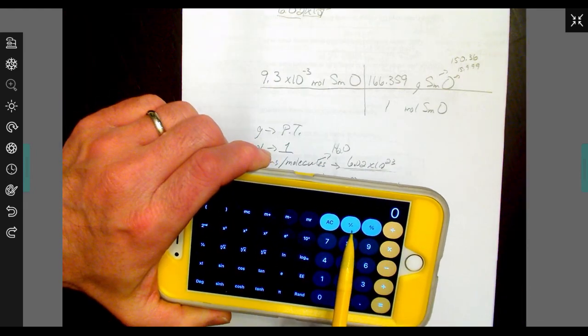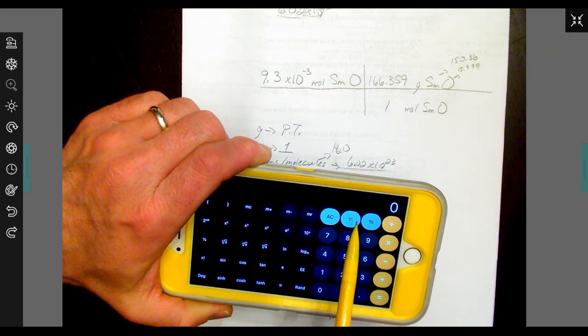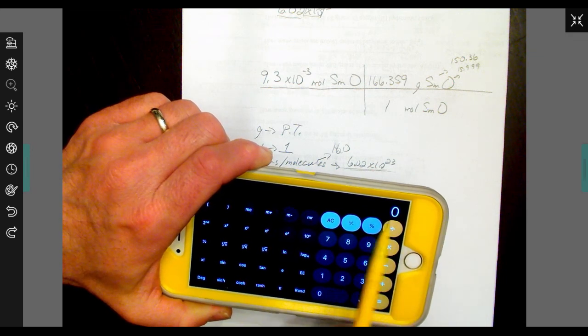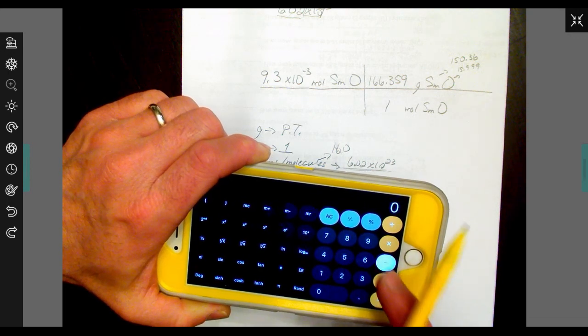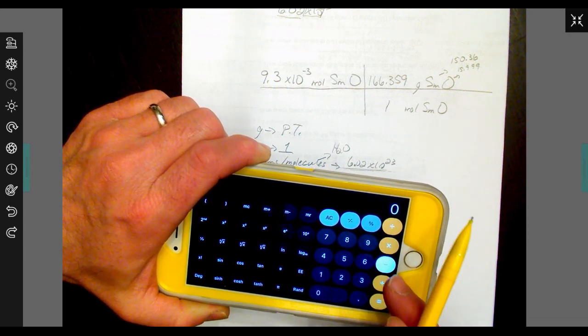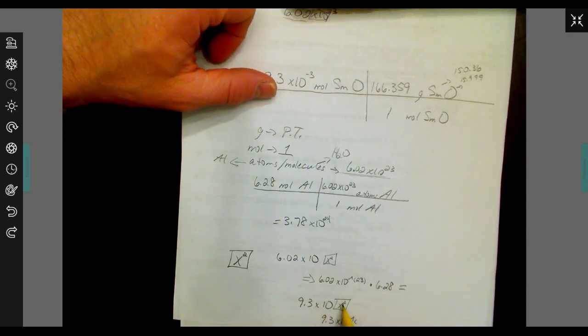You will hit that. That's what's going to give you your negative symbol. Don't use a subtraction sign for a negative symbol. So 9.3 times 10, hit the little x squared button, delete the parentheses and the 2, hit the negative symbol, hit the 3, and then you're good.